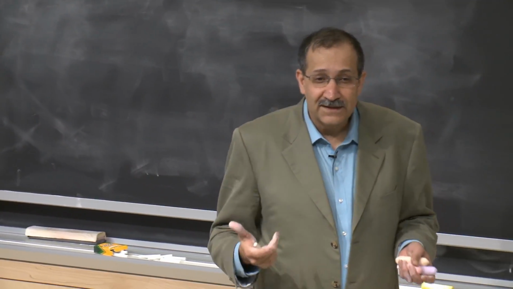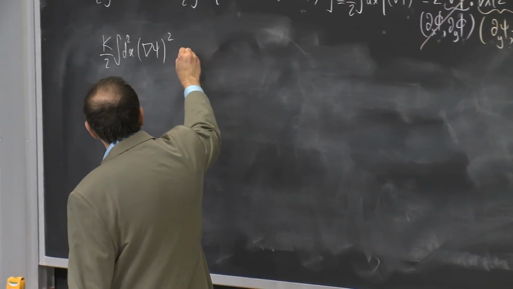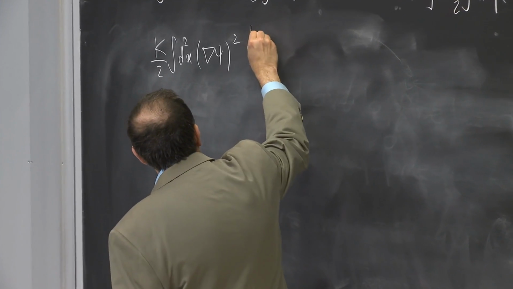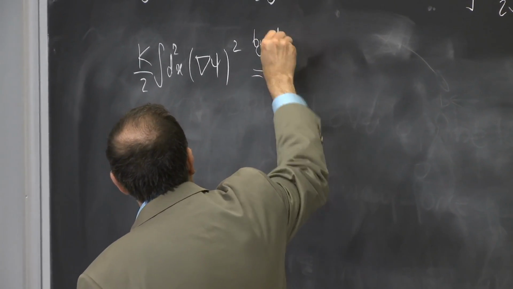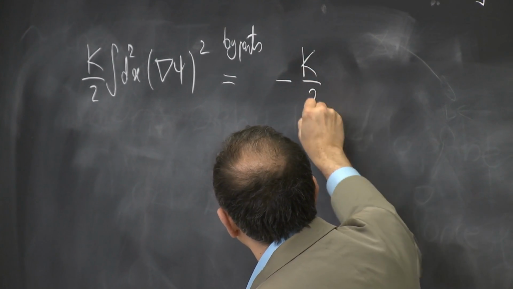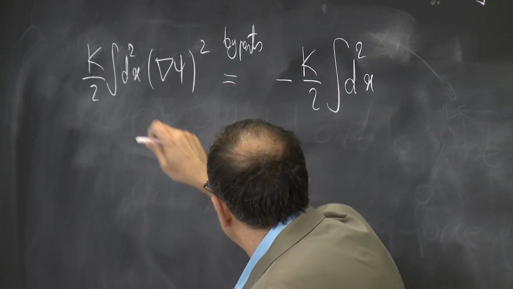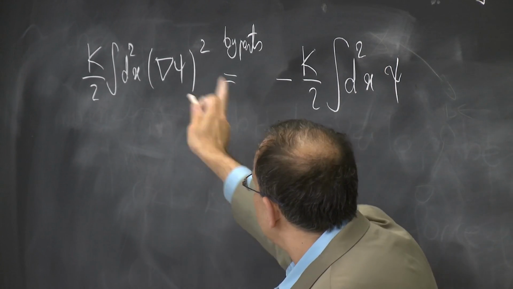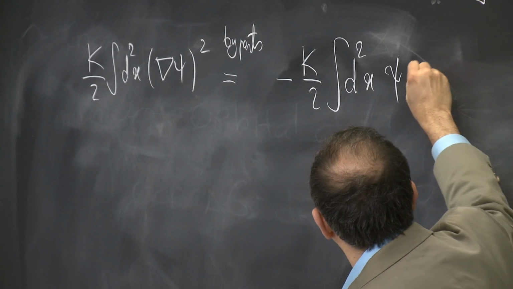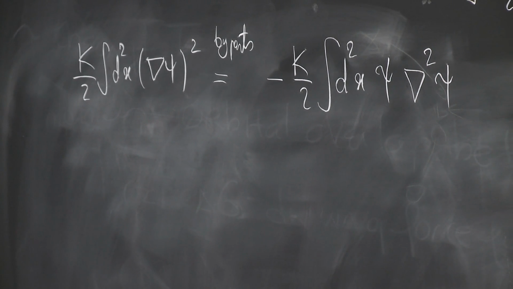It's the electrostatic energy. But let's go through that step by step. Let's do the integration by parts. So this becomes minus k over 2 integral d2x psi. The gradient acting on this will give me Laplacian of psi.